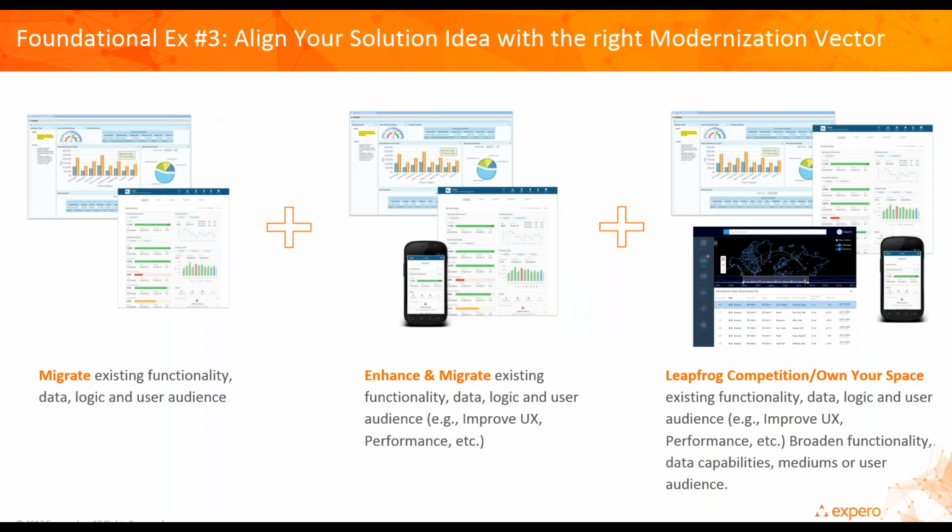Okay? The other big key, which we talked about a few seconds ago, is this idea that today you have a piece of software. You may simply want to migrate it and uplift it. That's part of the planning you want to do. Do you want to simply enhance it, for instance, if today we don't have a mobile application? What are the kinds of things we need to do to enhance?